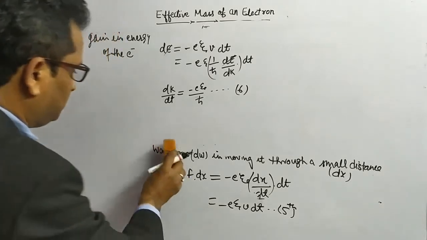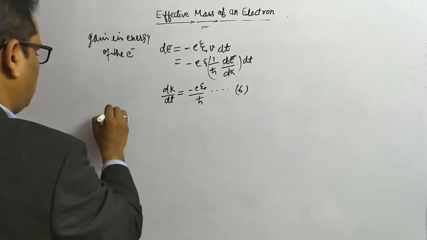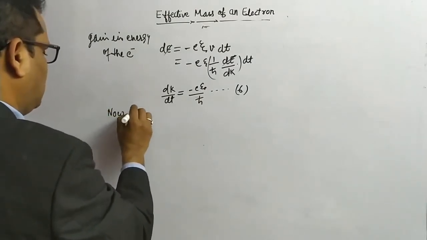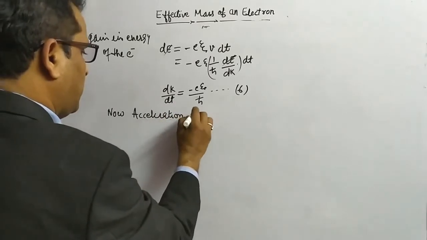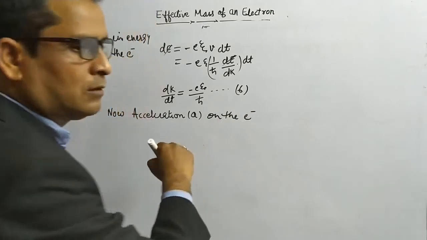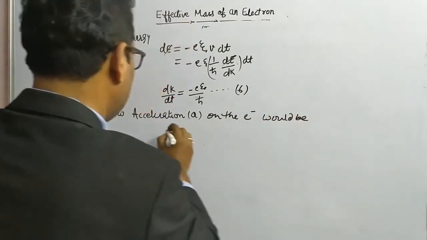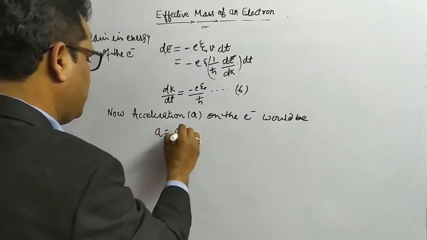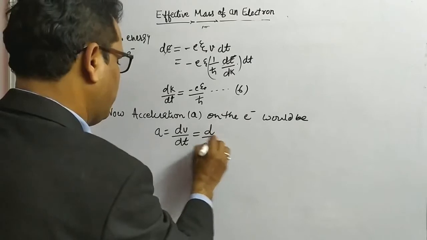Now acceleration a on the electron would be dv by dt of v.